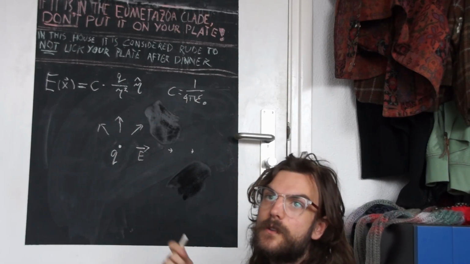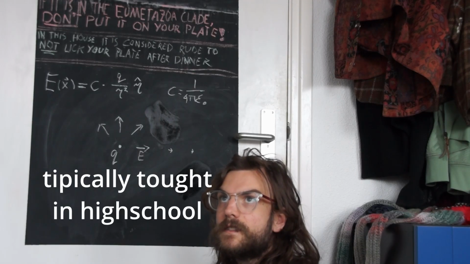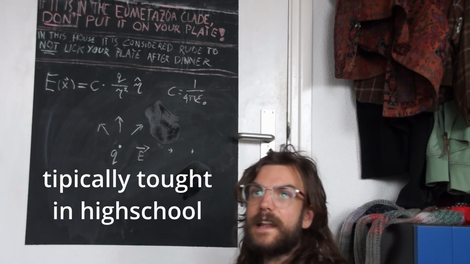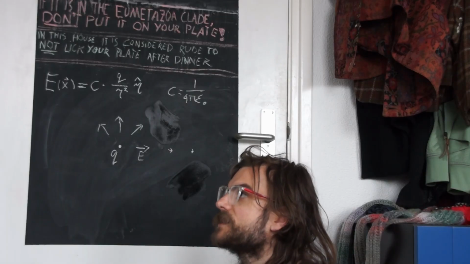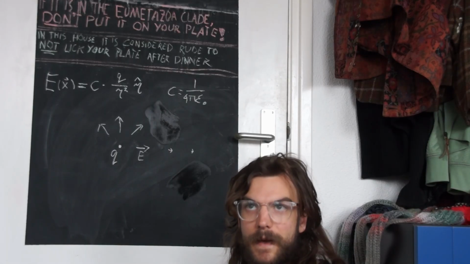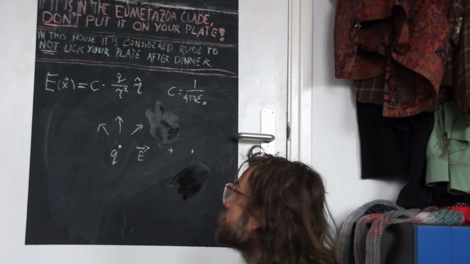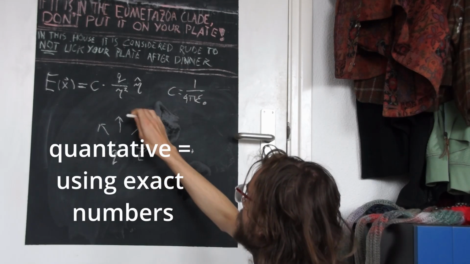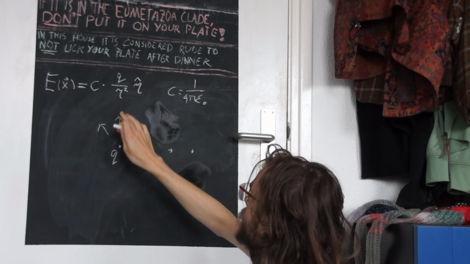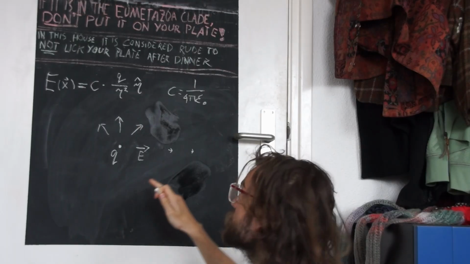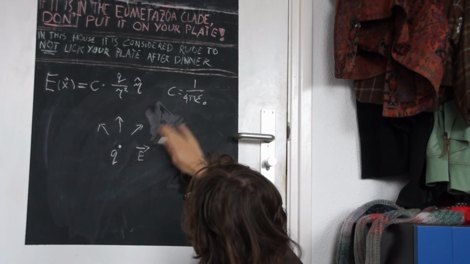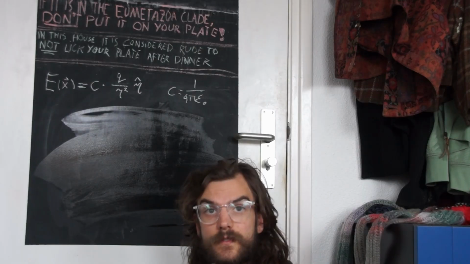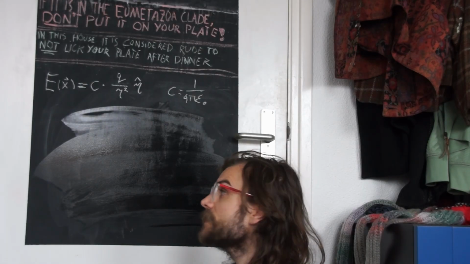And this is how you go from the typical non-quantitative picture of electricity, which is likes repel, opposites attract, to a quantitative version. You just have to understand that it's exactly by this r squared term that these forces get weaker or stronger.